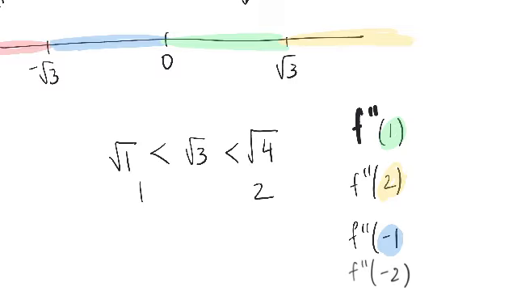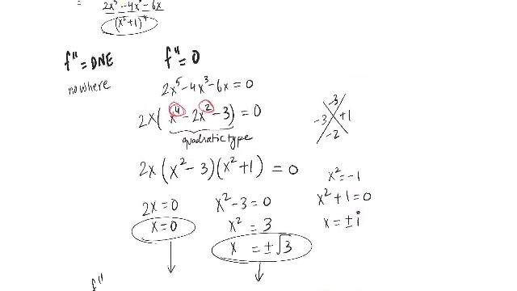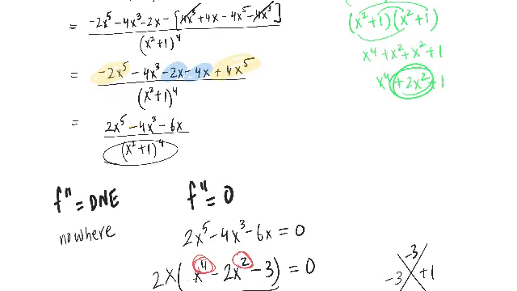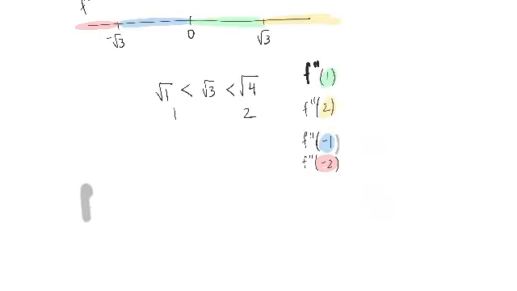Okay, so we just have to figure these out and then we're done. So I have to remember my f double prime equation. It's way up here somewhere. So it's 2x to the fifth minus 4x cubed minus 6x over x squared plus 1 to the fourth. I'm just going to rewrite it down here so I don't have to keep scrolling up to see it.